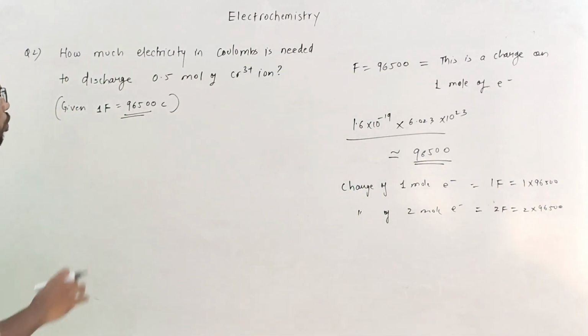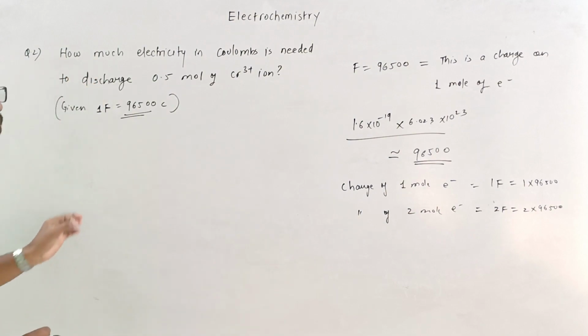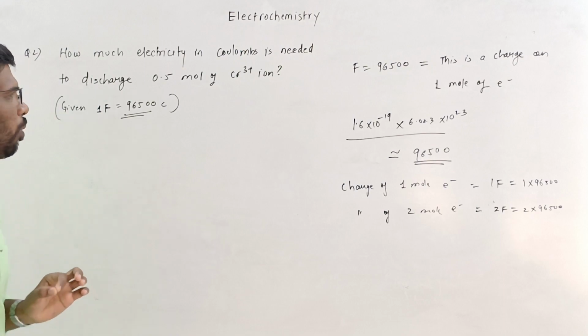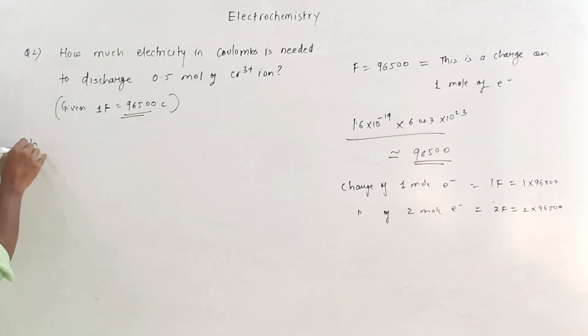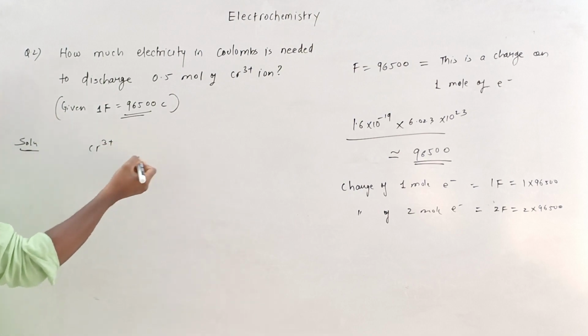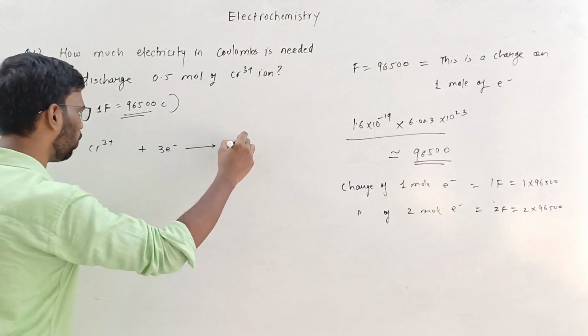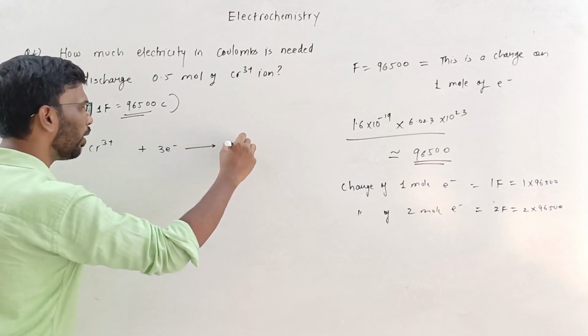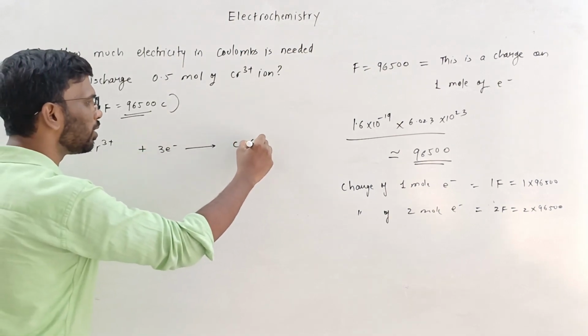So now coming to the question. How much electricity in coulombs is needed to discharge 0.5 mole of chromium ions? Let's write the reaction. So I am writing a solution over here. Chromium 3 plus ion will accept 3 moles of electron to get converted to chromium. This was in the ionic state. This is in a solid state, right?